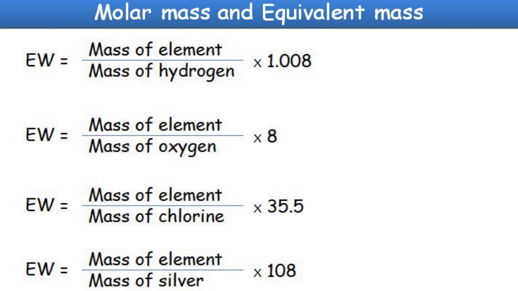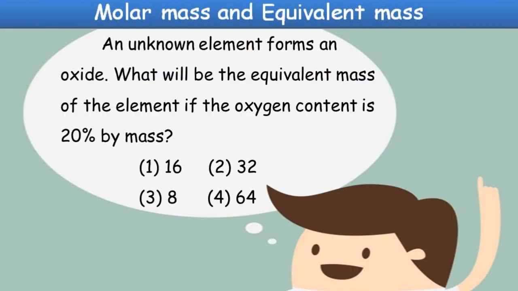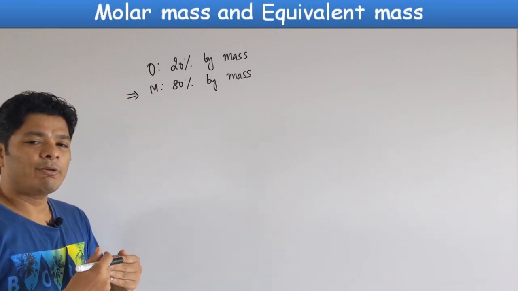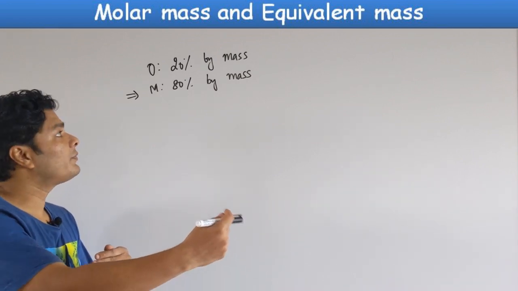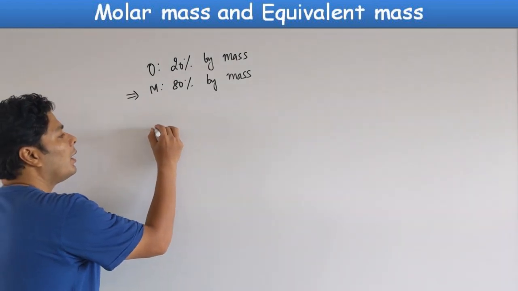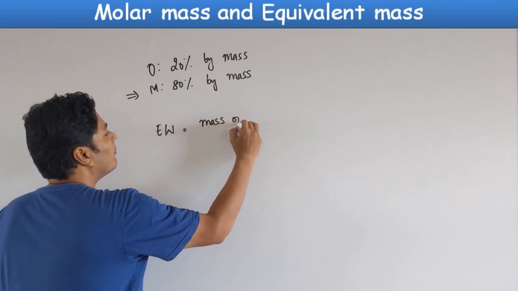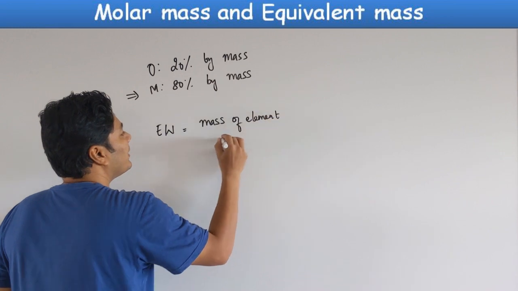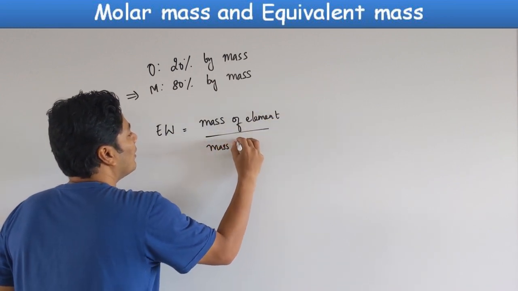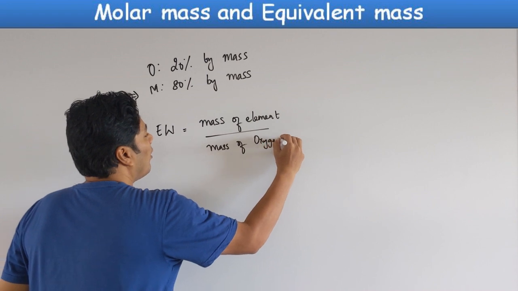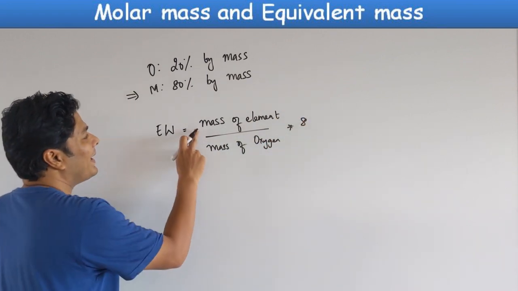Let's look into a problem right now. An unknown element forms an oxide. What will be the equivalent mass of the element if the oxygen content is 20% by mass? In this problem, they are trying to relate the equivalent mass to the grams of oxygen. So equivalent weight is mass of element divided by mass of oxygen times 8.